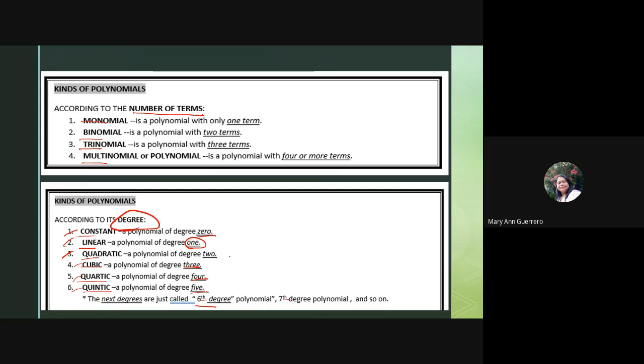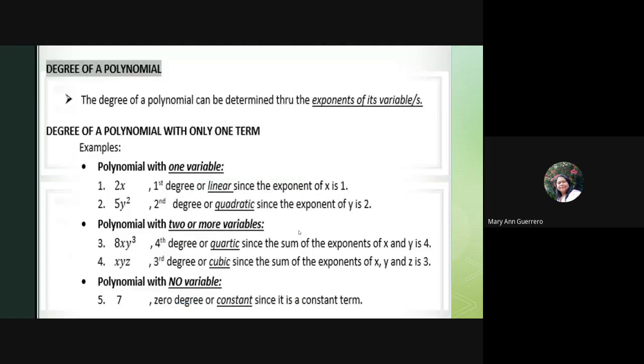So, ngayon, paano ba natin malalaman yung degree? Okay. So, to determine the degree of a polynomial, just examine the exponent of the variable. For example, degree of polynomial with only one term, monomial, ano? Ayan. Okay. So, may tatlong klase yan.